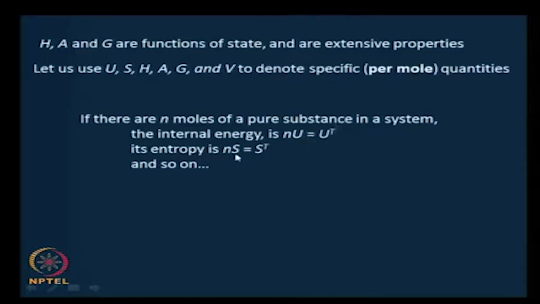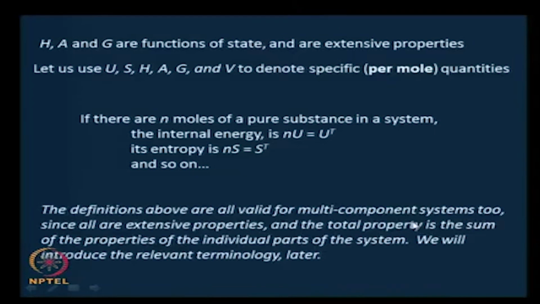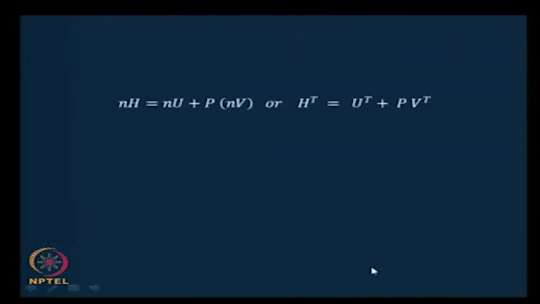Its entropy is n times s, the number of moles times molar entropy, or St and so on. The definitions above, Ut, St and so on, are all valid for multicomponent systems too, since all are extensive properties, and the total property is the sum of properties of individual parts of the system.